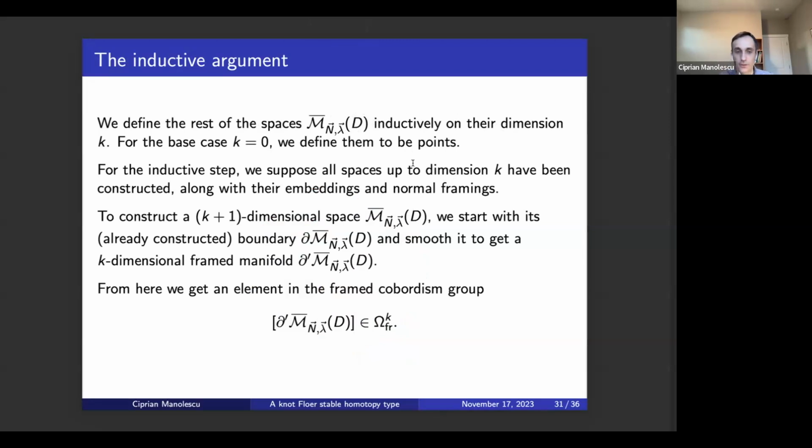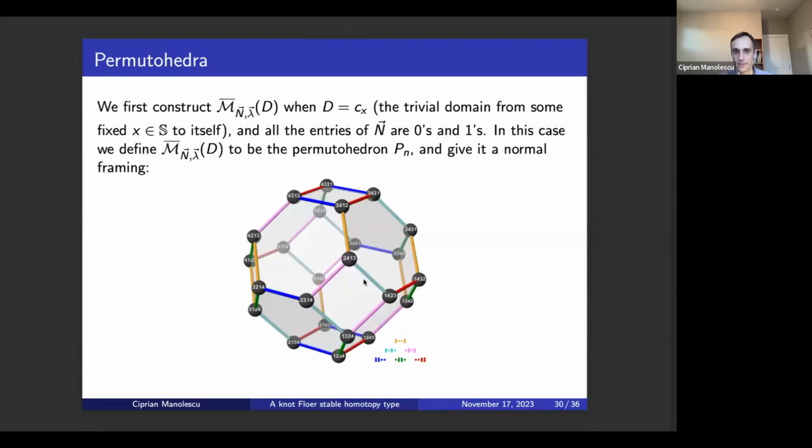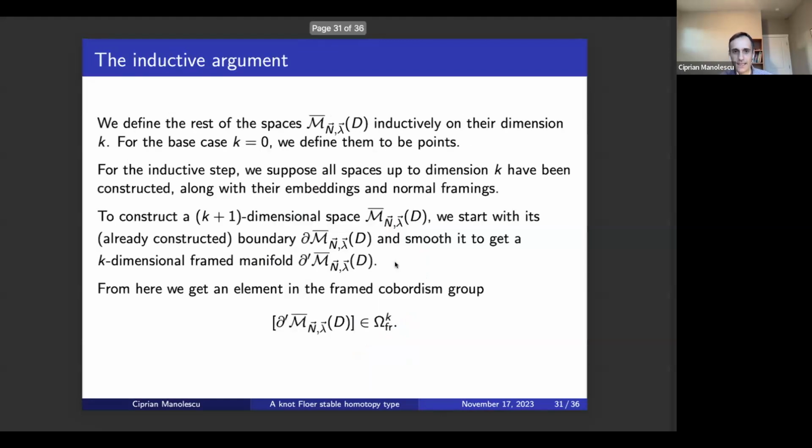And it's important that we also constructed these ones by hand, which were of bigger dimension. Presumably, these are already done, and the rest we're defining inductively on dimension. So assume we constructed all the spaces up to some dimension along with embeddings and framings. Then we want to do the next one, a k+1 dimensional space.